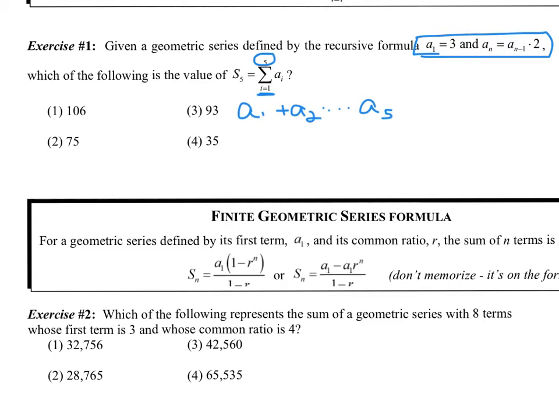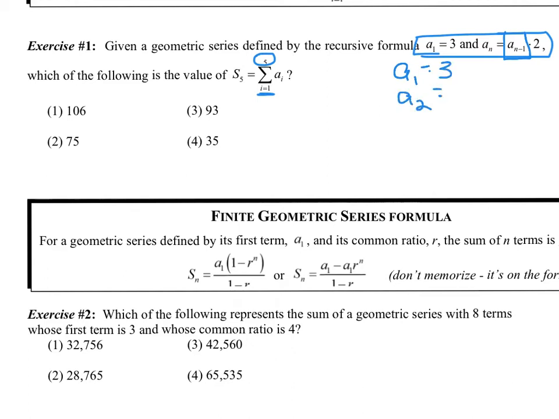So they're giving me my first term, but to find the rest, I need to use that recursive formula. So my recursive formula tells me that I am going to take the term before and multiply it by 2. So my A1 is 3.